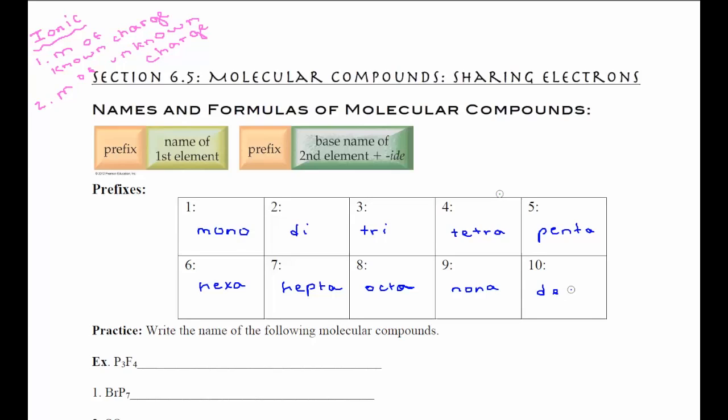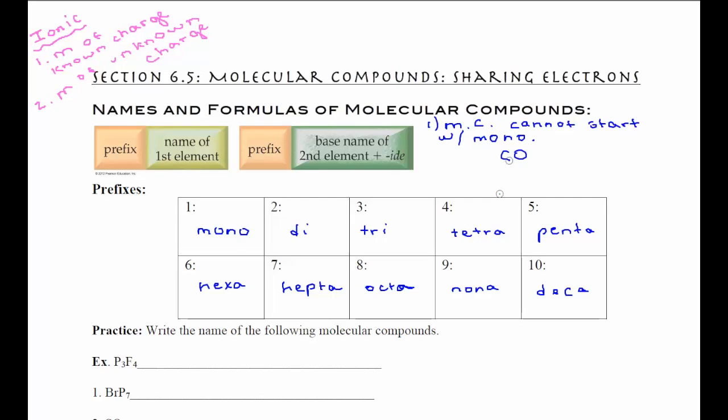There are two rules you need to keep in mind when writing the name of a molecular compound. First rule: a molecular compound cannot start with mono. As an example, a molecule you should be familiar with is CO. Based on these rules, the name of CO might seem like monocarbon monoxide.